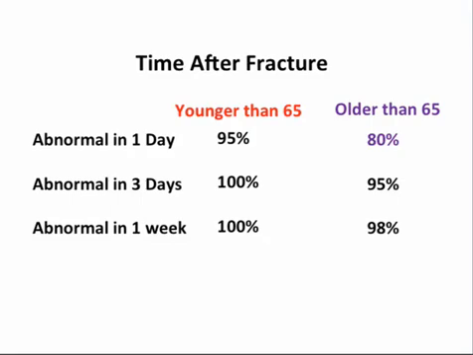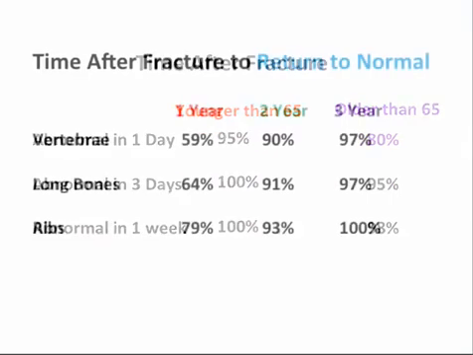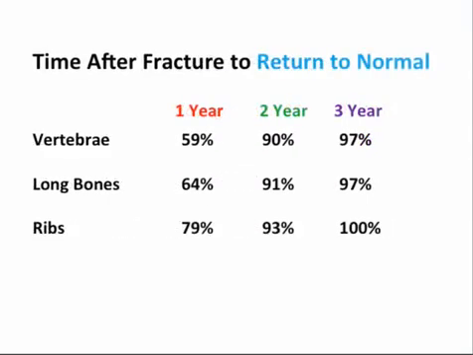So if you're thinking that this person might have a fracture, or it's an elder abuse situation, it's probably better to image them at a week to be sure, relative to imaging them like an hour after they had the injury.